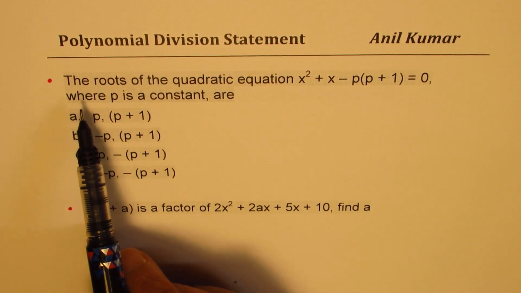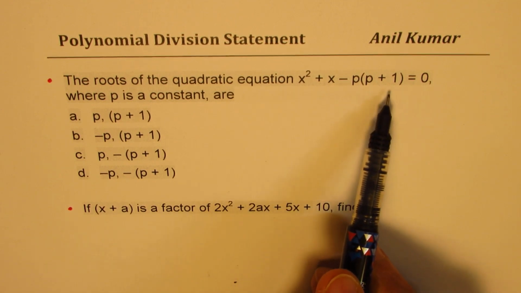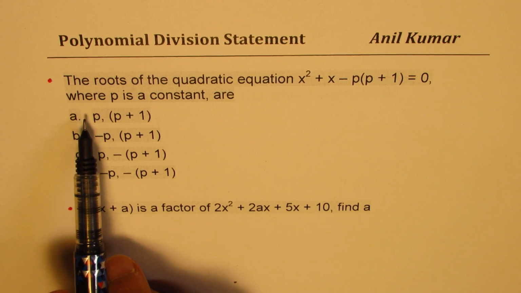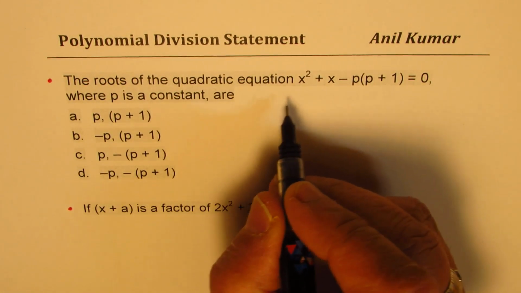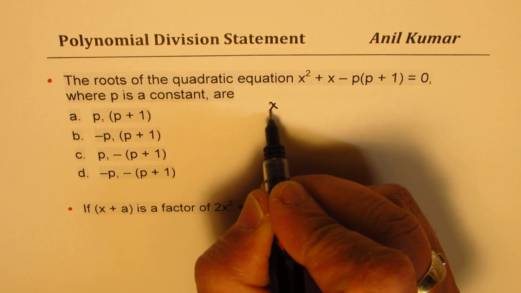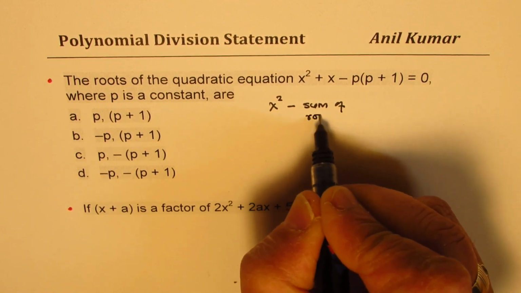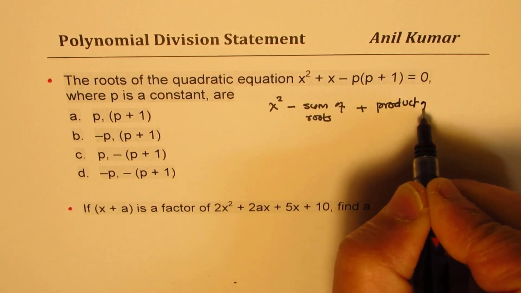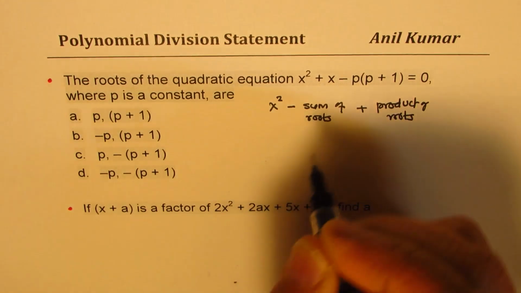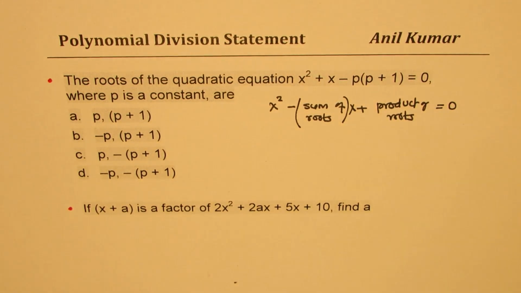So the very first question here is, the roots of quadratic equation x square plus x minus p times p plus 1 equals to 0, where p is a constant, are which of the following? So you're given 4 choices. Now, any quadratic equation could be written in the form of x squared minus sum of roots times x plus product of roots equals to 0.